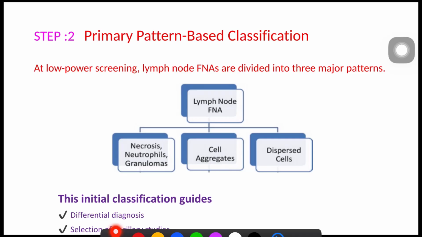If an extensive amount of aggregates is there, then you have to identify them. And third is the dispersed cells pattern. This initial classification guides you to the differential diagnosis and to which ancillary test is required for further classification.